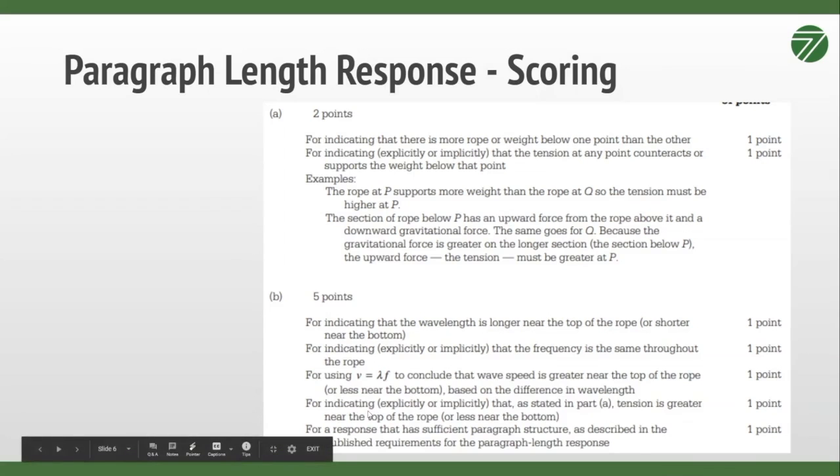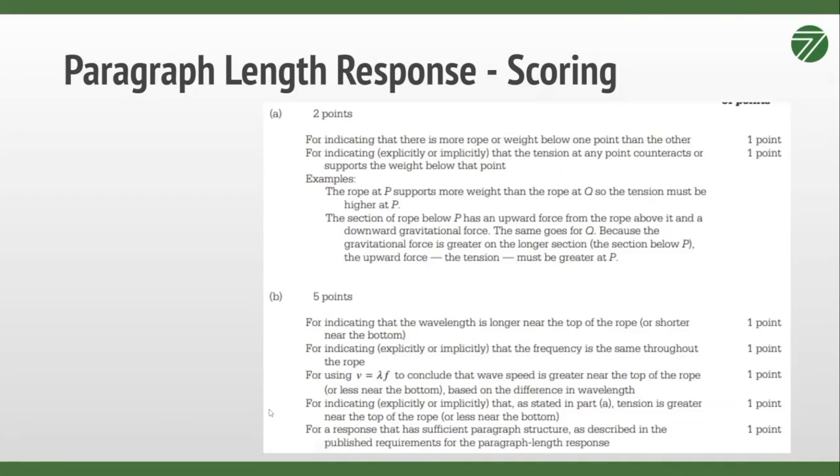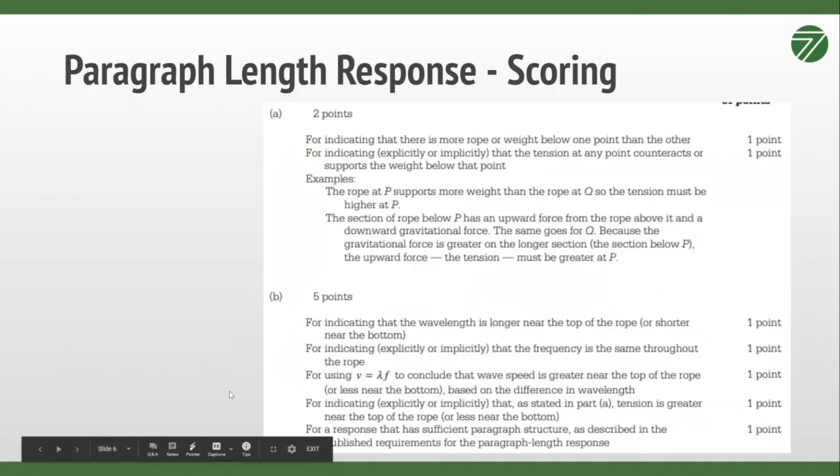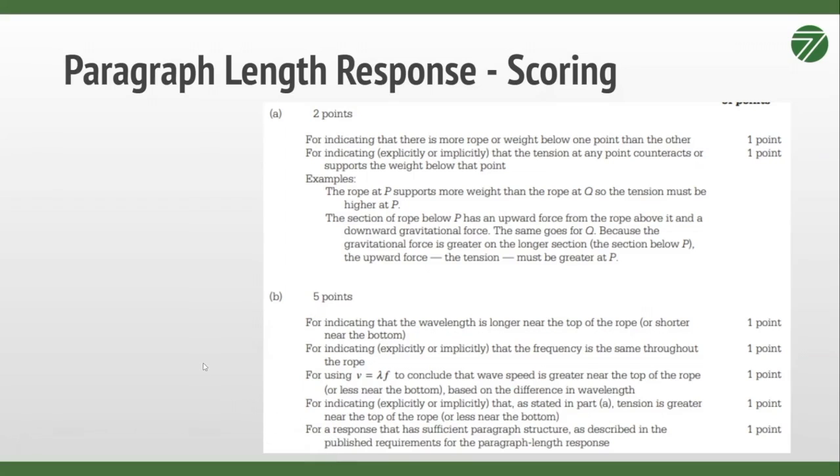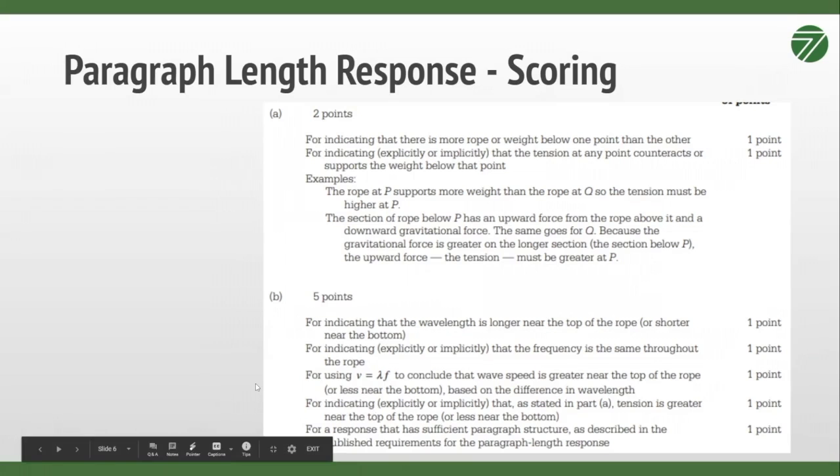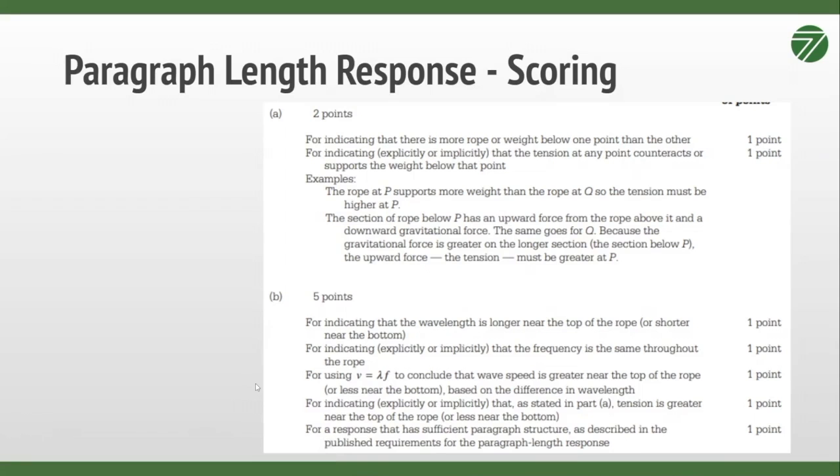And a point for indicating explicitly or implicitly that, as stated in part A, tension is greater near the top of the rope. So you can see that point 1 and point 4 here are very close together, right? So just stating these things, you could get all of these points in maybe 2-3 sentences, which would qualify as a paragraph.